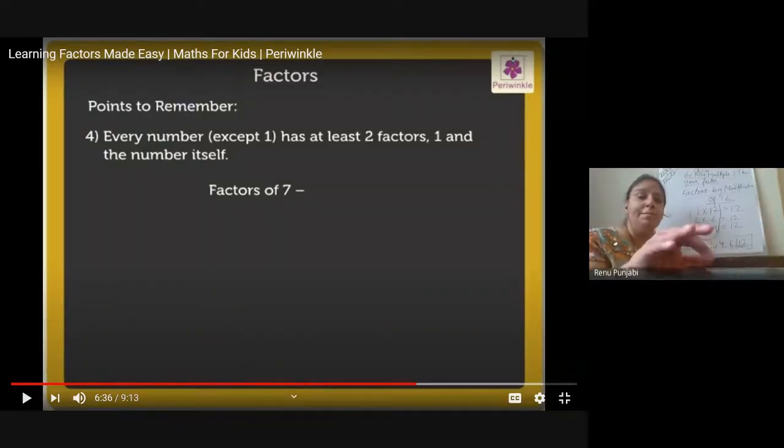We have learned this in grade 4 also. Very good. We will learn how to find prime numbers, but till now, you should know that prime numbers have only 2 factors. So 7 comes in the prime numbers.